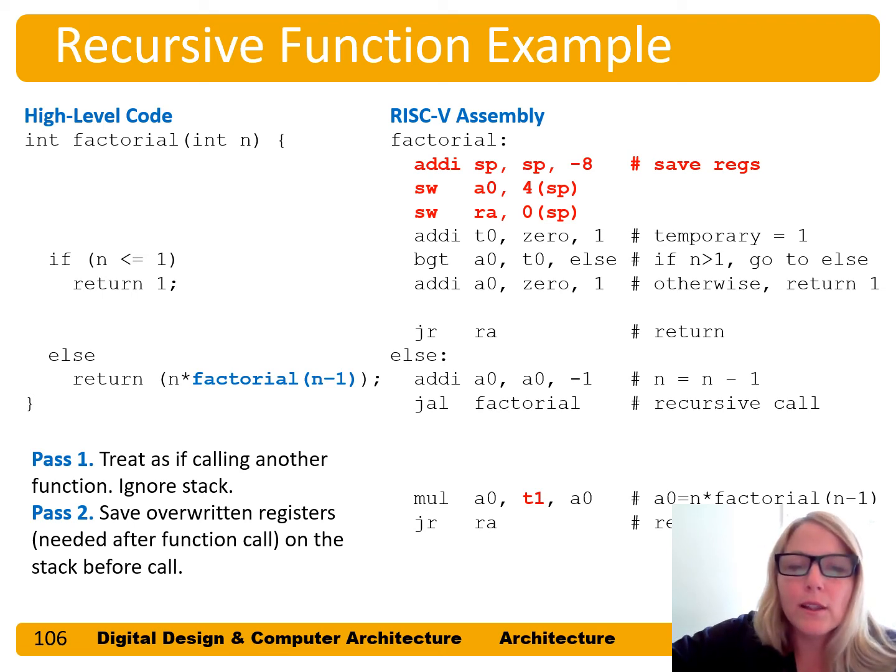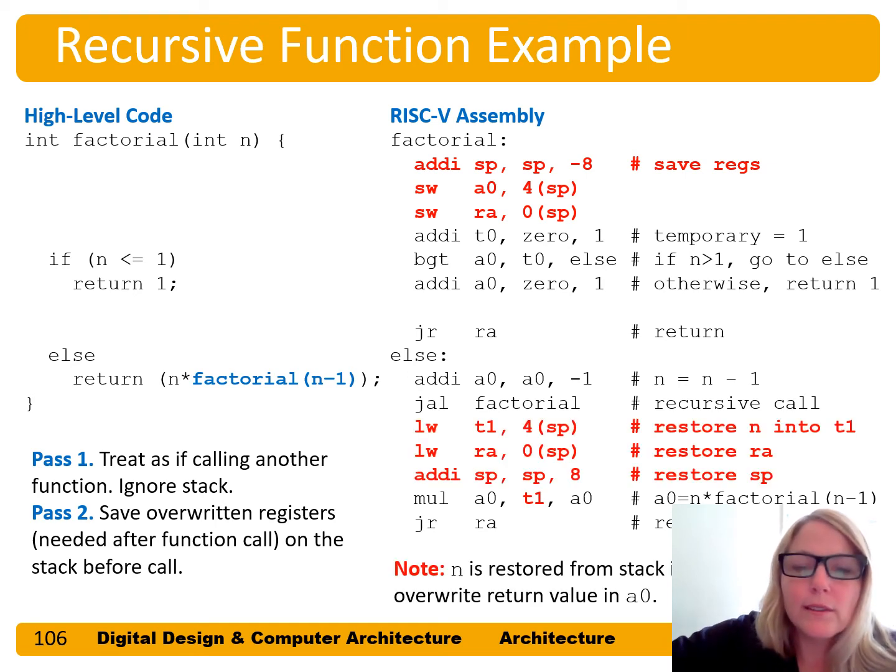And now, before we use n and RA, we're going to restore them. I'm going to show RA first, being restored from the stack. And then we did a kind of funny thing with A0. That was our n value, right? When factorial is called, n is in A0.